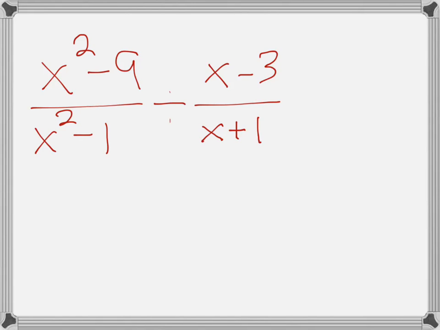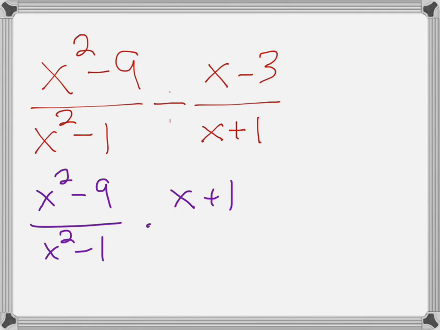This is going to be a slightly different approach, but not too much. So, just like dividing regular fractions with numbers, we are going to change this to multiplication. So the first fraction doesn't change, and that's times x plus 1 over x minus 3.